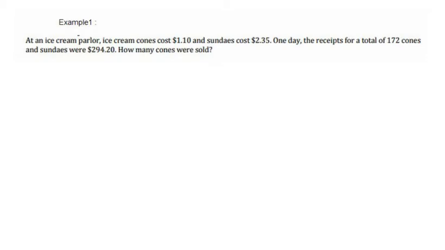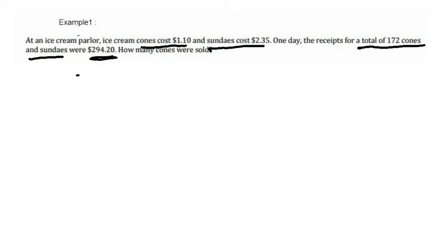So right now I can go through here and I see, well, I've got cones that were $1.10. I've got sundaes that cost $2.35. I sold a total of 172 cones and sundaes, and I had a combined amount of $294.20.